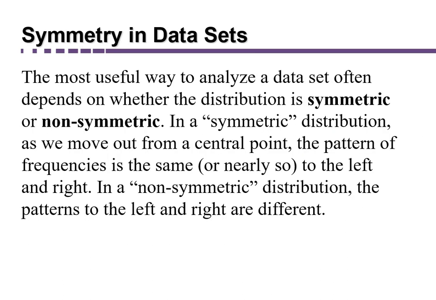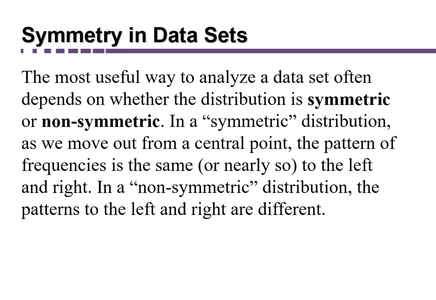All right, symmetry in data sets. Well, as we look at the display of the data, is there something obvious in terms of how it looks when you put it in a pattern?